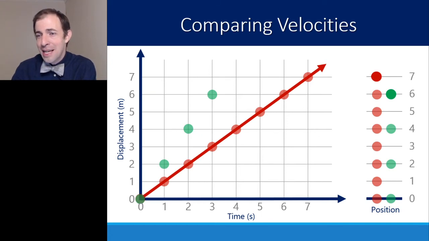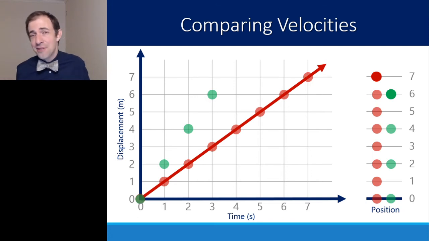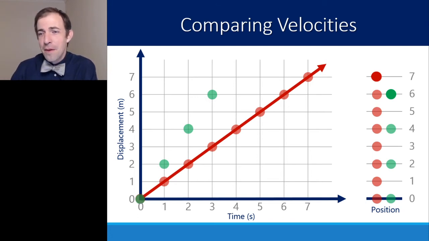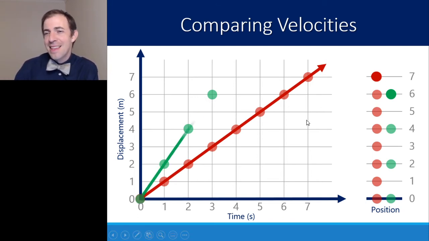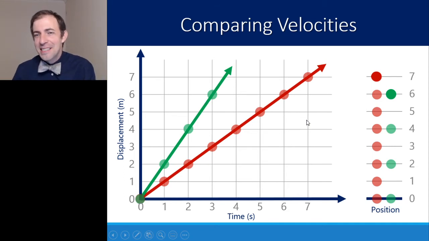I am actually not able to get quite as many pictures in because it made it to the end faster than the red one. But I can see that slope looks different. It's a steeper slope when it's moving faster because it's covered more ground per second. And if I wanted to, I could actually calculate the slope.